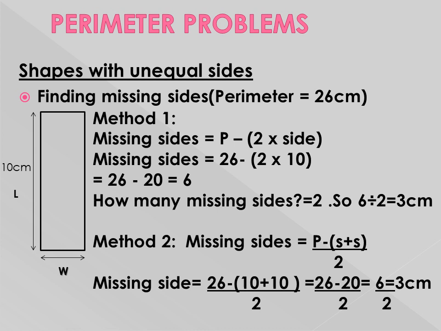So automatically the length on the left is 10 centimeter. The length on the right will also be 10 centimeters because the opposite sides are of equal length. Okay, thank God. We now know the length of the right and the left side. They are both 10 centimeter.